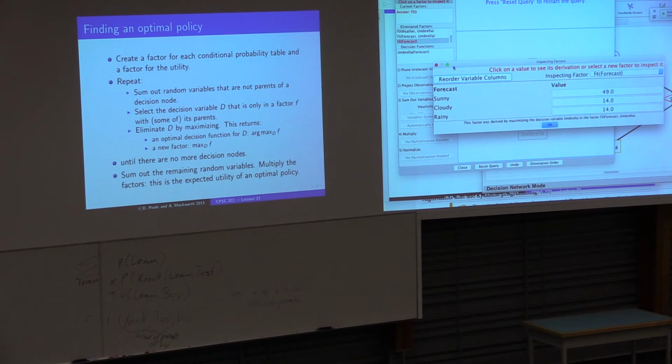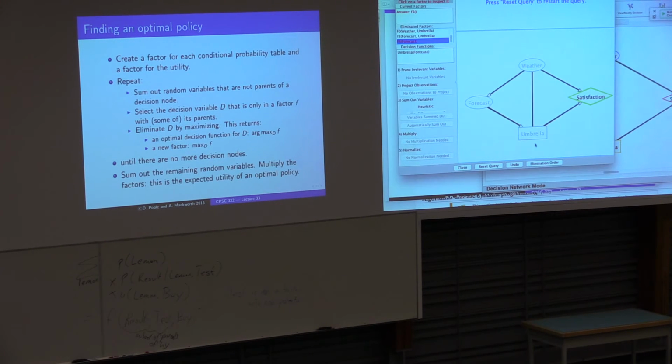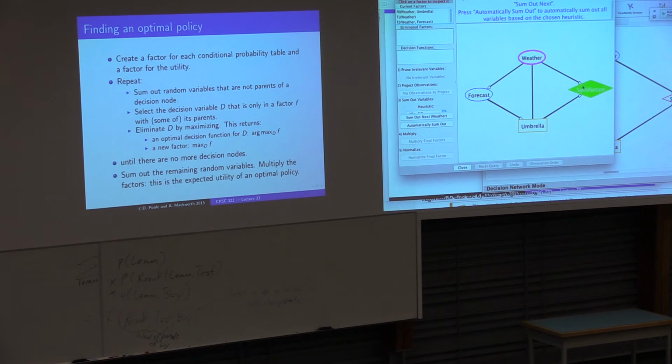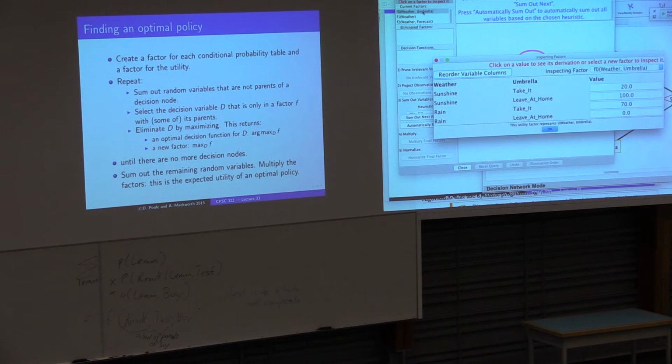We can't implement this one. If I reset the query, weather, umbrella, this one. I can't maximize at this stage because I can't decide to take it or leave it at home if it's going to be sunshine, because I don't know if it's sunshine.